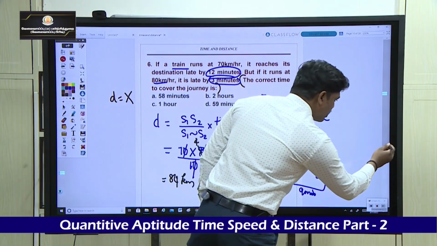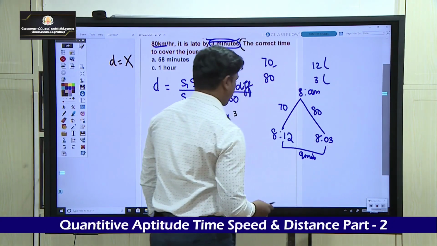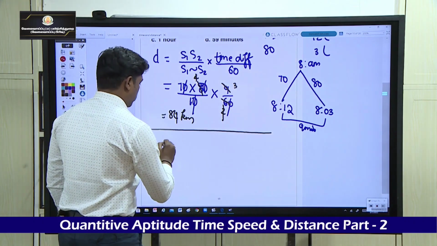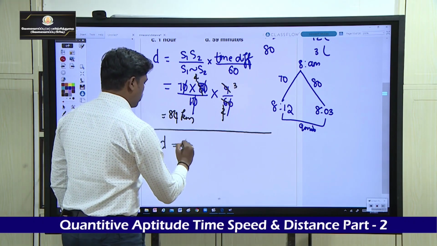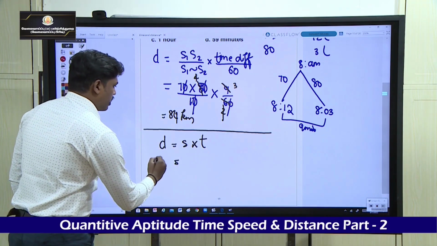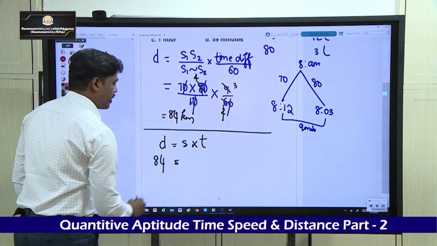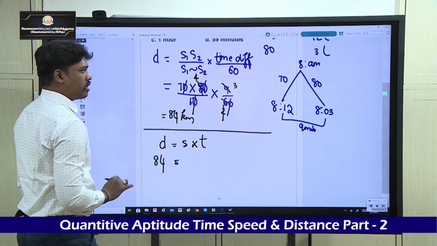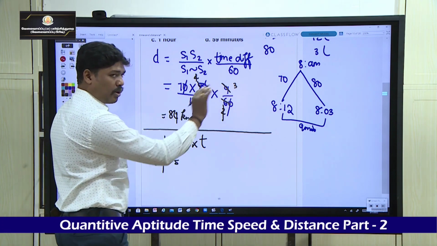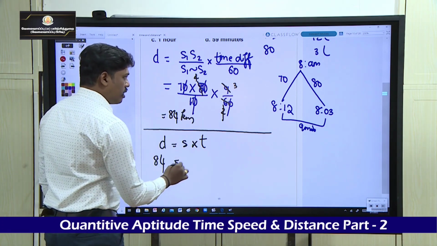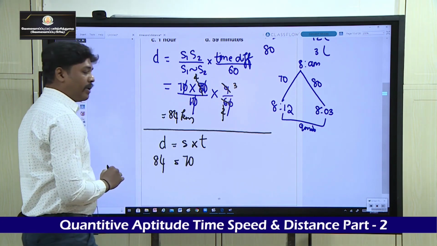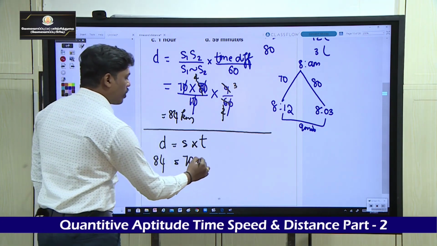What we have to find out is the correct time. So, what we saw there, distance is equal to speed into time. What is the distance we got? Distance is 84 kilometer. Take any one instance, person moving at 80 kilometer per hour, or take 70 kilometer per hour, take one speed. So, I am taking 70, person moving at 70 kilometer per hour. What is the time taken?